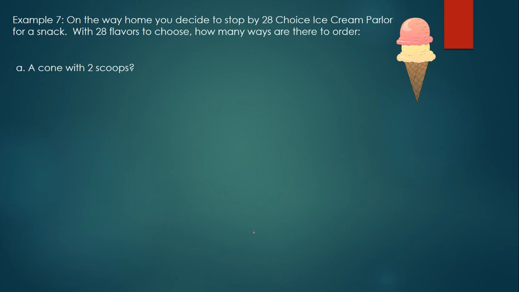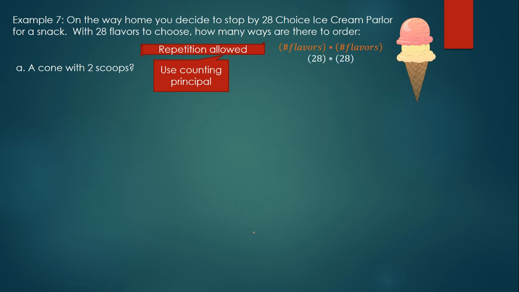Can I have the same flavor twice? Yes, I can have a cone with 2 scoops of the same ice cream, so repetition is allowed. That means we're going to use the counting principle. I'm going to take the number of flavors and multiply by the number of flavors, so 28 times 28. That's 784 ways to select a cone with 2 scoops.